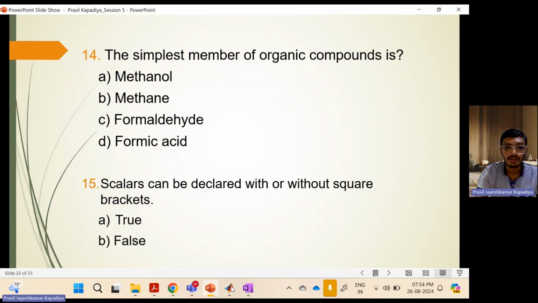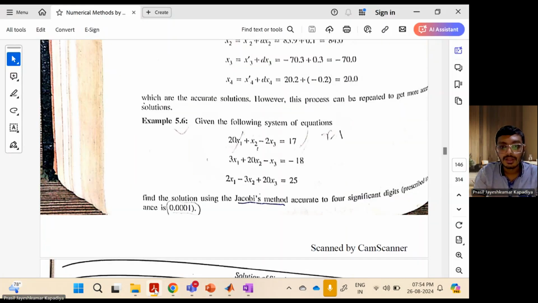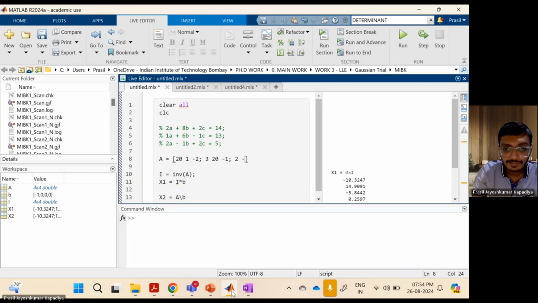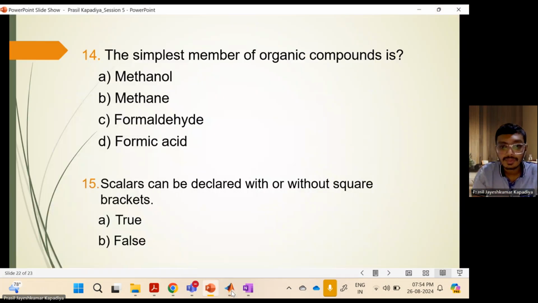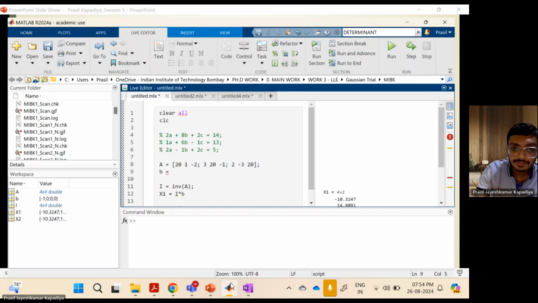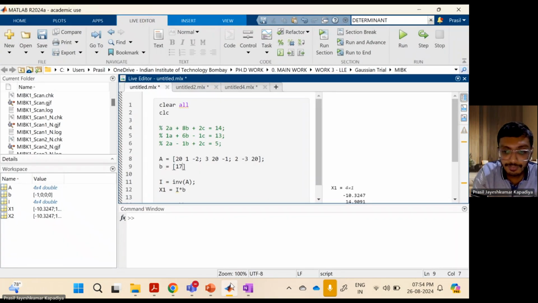Third equation, 2 minus 3 2 0. Okay, my B matrix is 17, minus 18, 25. Okay, so we are solving this using all three methods.